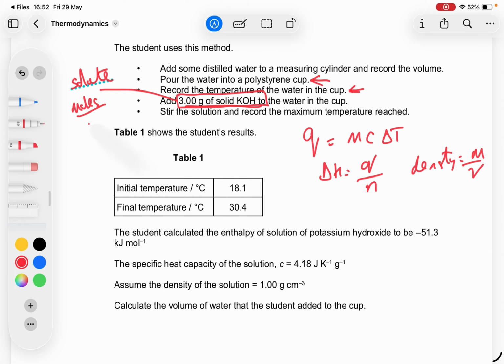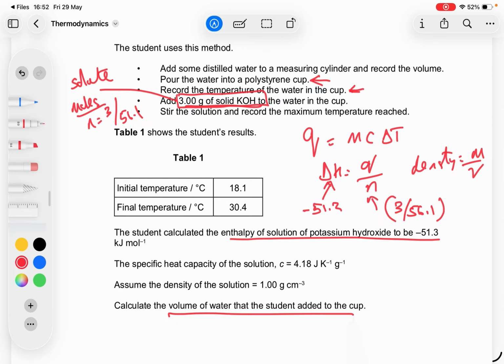So here I would work out moles of potassium hydroxide, which will be n equals mass over Mr, which is 56.1. The question says the student calculates the enthalpy of the reaction. So delta H there is minus 51.3. n there is 3 over 56.1.